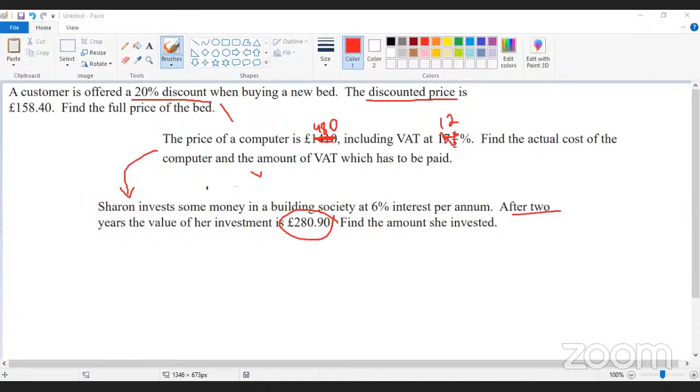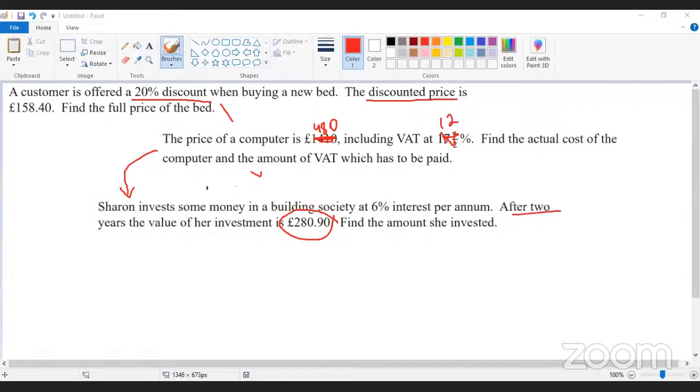12% maybe? No. So it shows 6% interest. So that is after 2 years, not at the beginning, it is after 2 years.